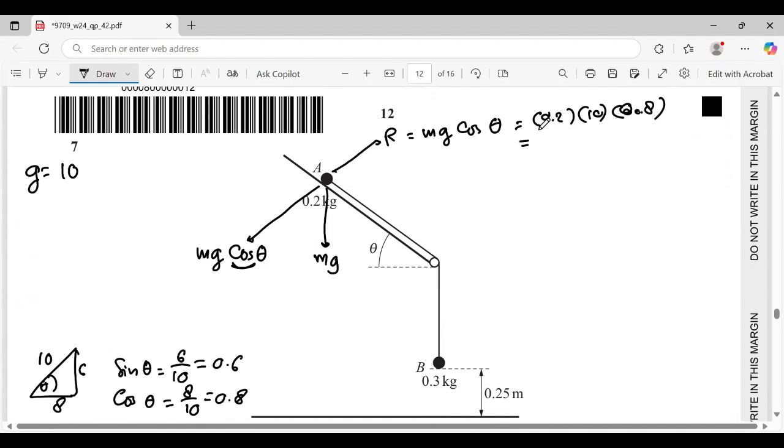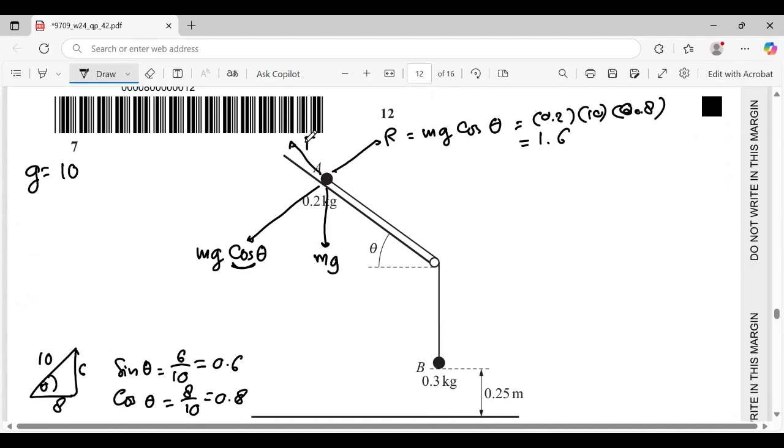If you calculate this, 0.2 times 10 times 0.8 is 1.6. Okay, so it is 1.6, right? And there is a force here.